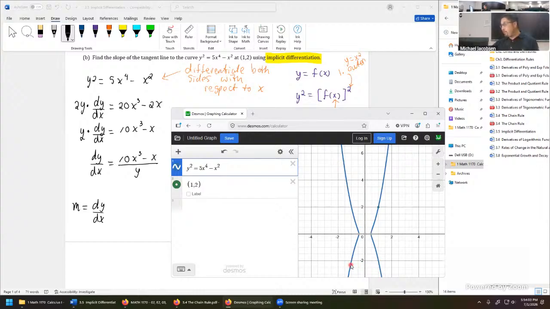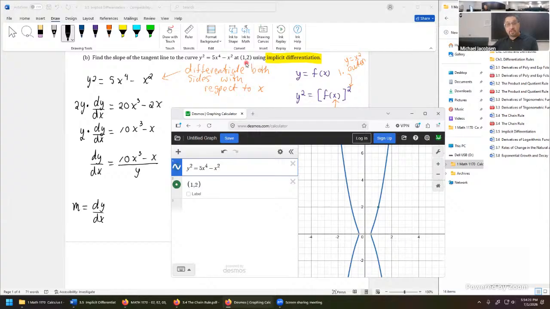So even if we were right over here, some other point on the graph, anywhere that's a point on the graph that has a tangent line with a defined slope, that equation right there gives you all the information about the slope of the tangent line.